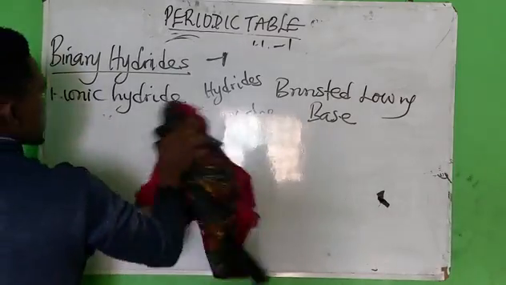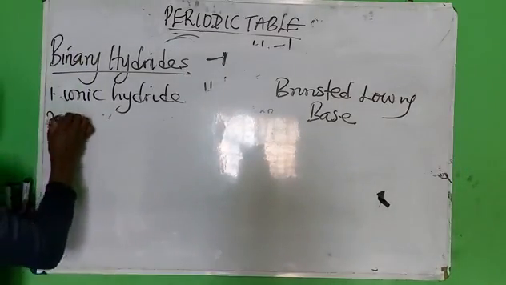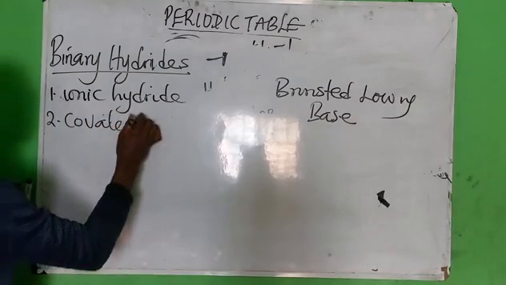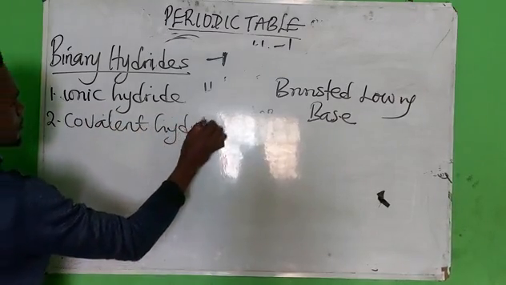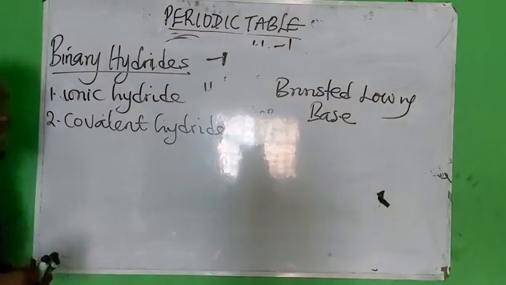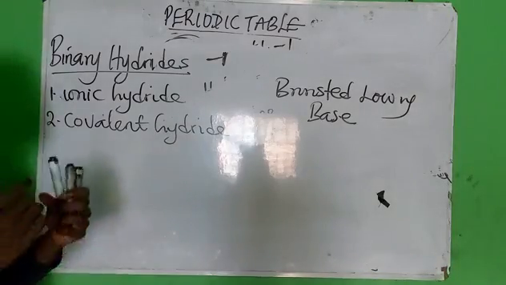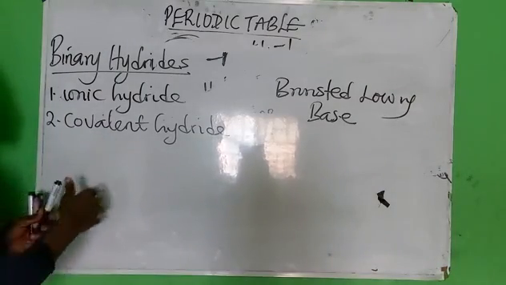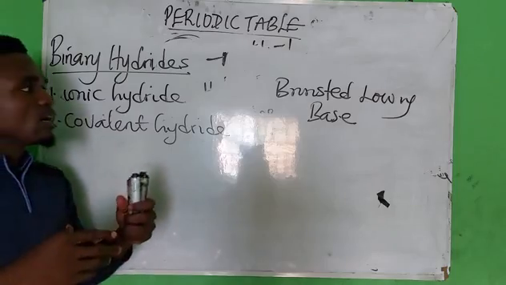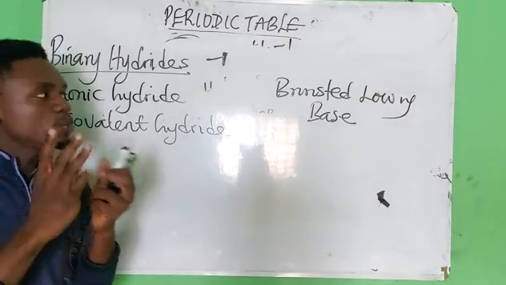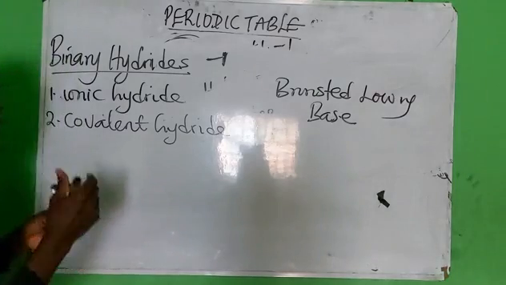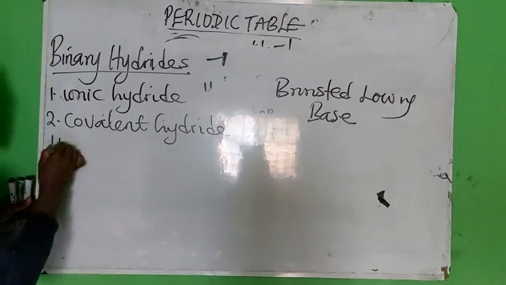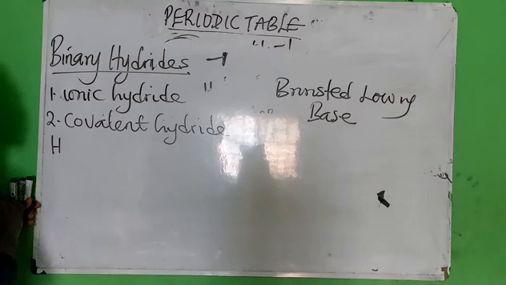Another type of hydride is what they call covalent hydride. Covalent hydride is formed when the hydrogen molecule combines with non-metals.